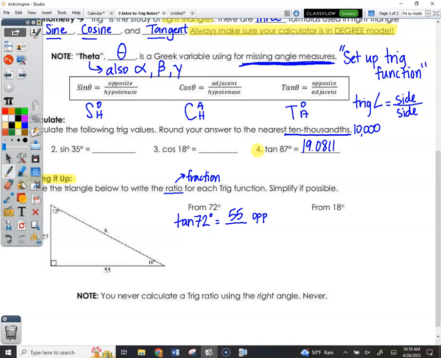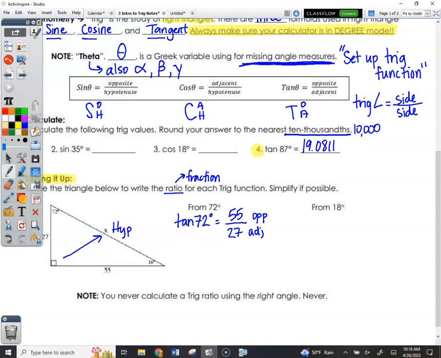But remember I said in the very beginning, if you label your hypotenuse, you will never mistake it as adjacent. Yes, 27 is the adjacent side. So if I say set up your trig function for tangent of 72 degrees, this would be what you write.